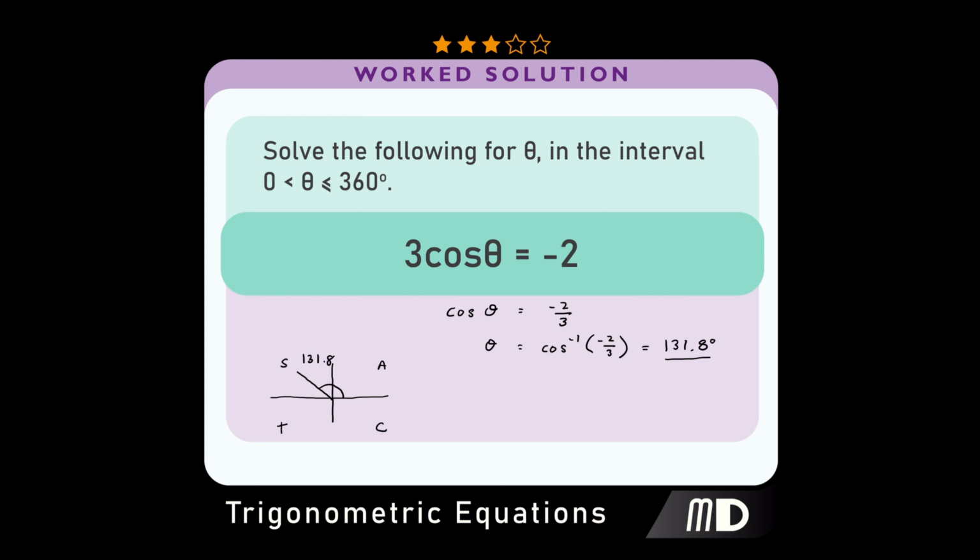In this quadrant, the sine ratio is positive, and the cosine and tangent ratios are negative, confirming that the cosine of 131.8 degrees has a negative value.